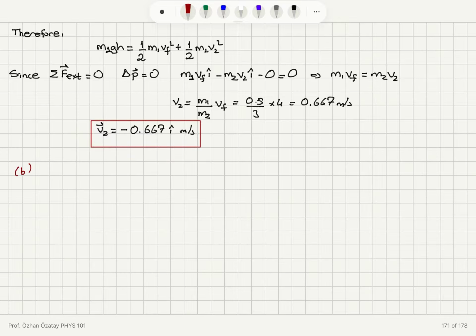Now in part B, I can use this energy conservation equation, mechanical energy conservation: m1 g h is equal to 1 half m1 v final squared plus 1 half m2 v2 squared.